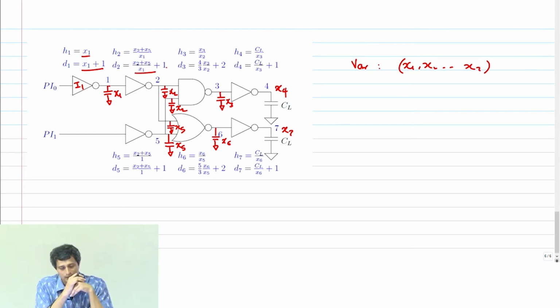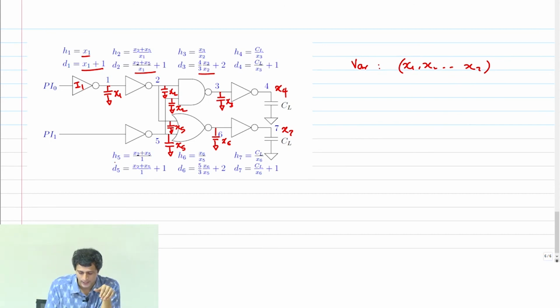Similarly for the NAND 3, it is simply X3 by X2. Remember, it is not X3 by X2 plus X5. It is only the input capacitance of that particular thing, right? So it is X3 by X2, and the delay is logical effort 4 by 3 into X3 by X2 plus 2. Similarly, I can write down the delay for all the other gates, right?